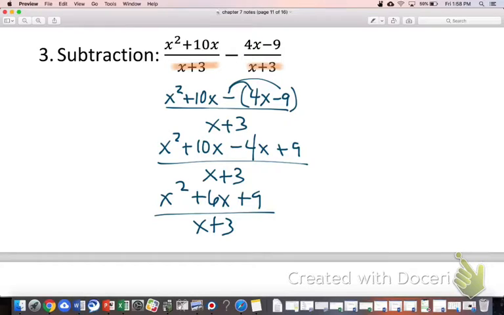10x plus negative 4x. Does it make sense? I forgot it was 10. Oh, 10x, yeah. If you just had it as a 10, that makes sense. Well, why is it 2x? I'm a little bit lost on the 2x part.